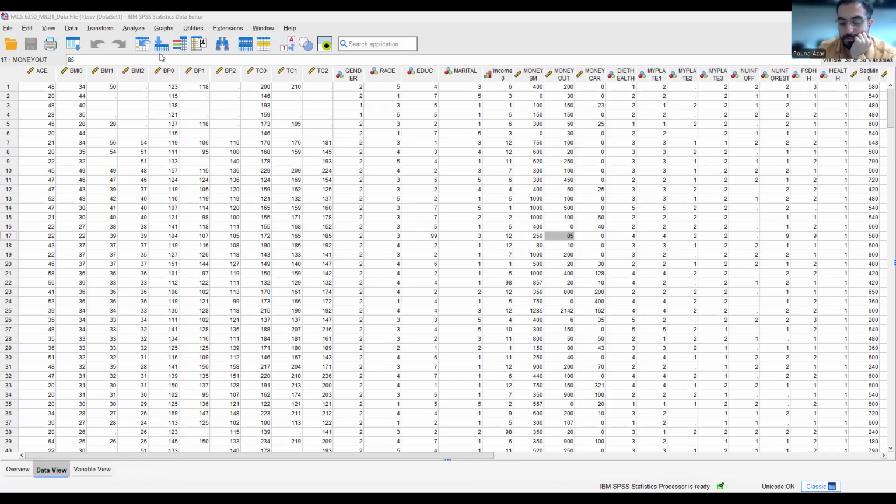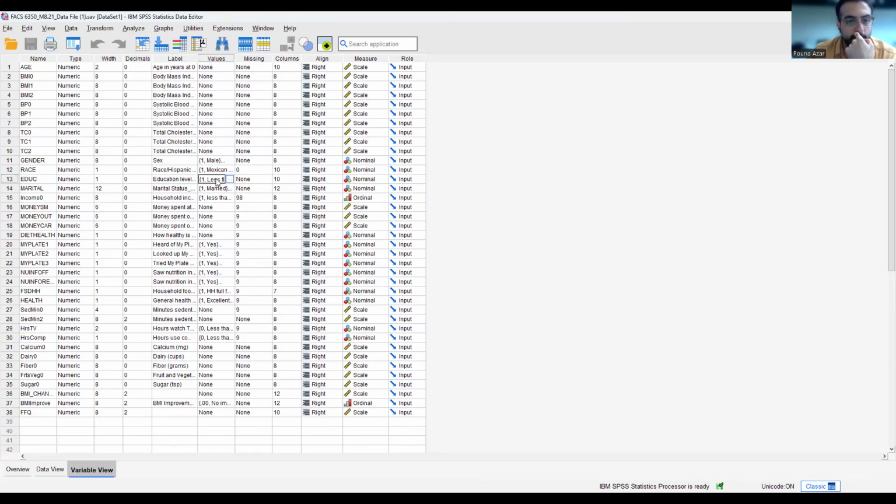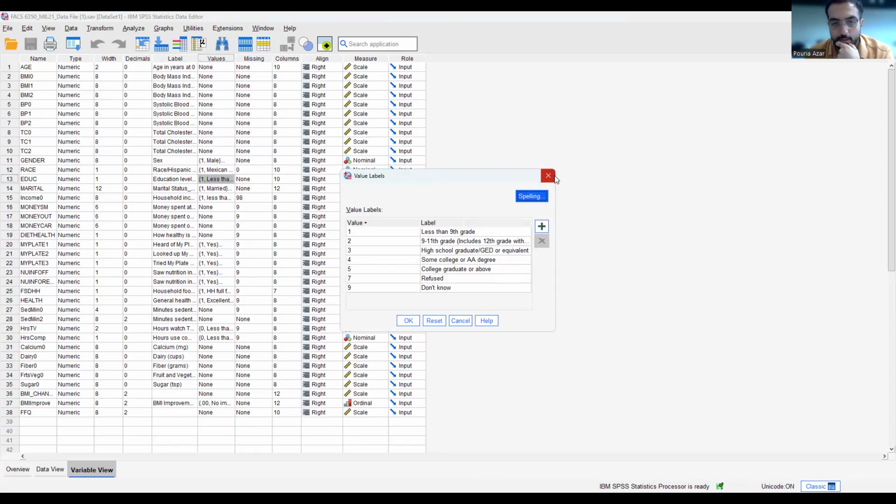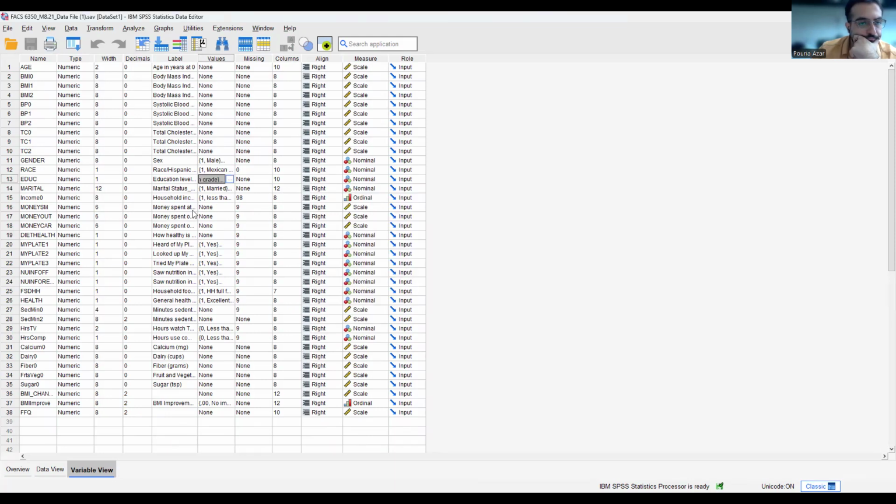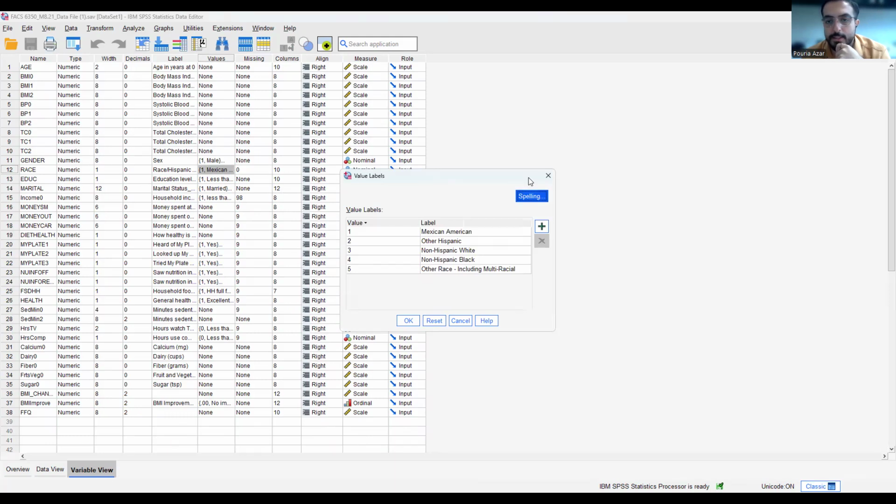My research question is whether the total cholesterol at baseline differs by, let's see what variables we have, education levels or race. Let's go with race.